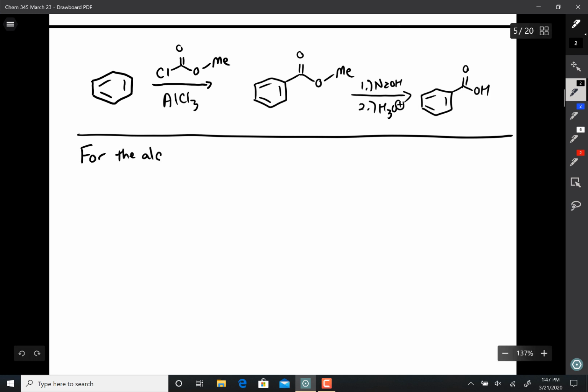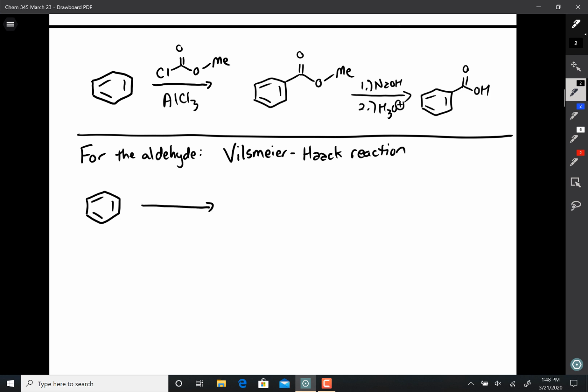For the aldehyde, you need to use a reaction called the Vilsmeier-Haack reaction. Take a benzene ring, and it's a two-step reaction. First step uses phosphorus oxytrichloride and DMF.